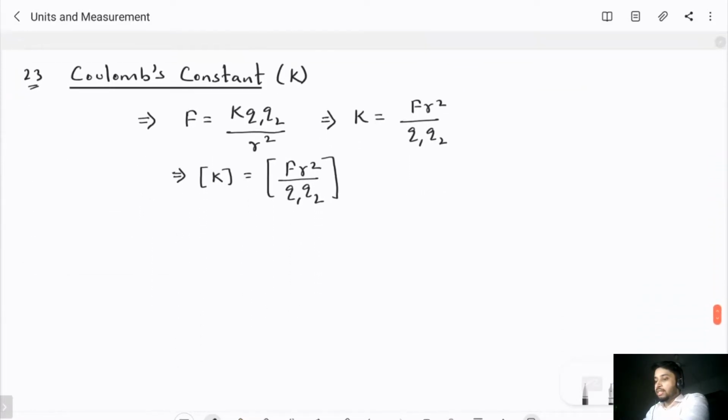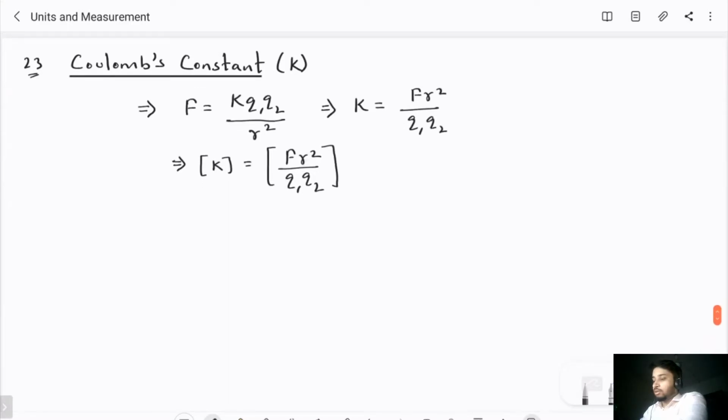So we can write the dimensional formula for these different quantities and simplify. For force we have M L T to the power minus 2. R is the separation, for that we have L square. For charge we have A into T, so Q1 Q2 gives A square T square.